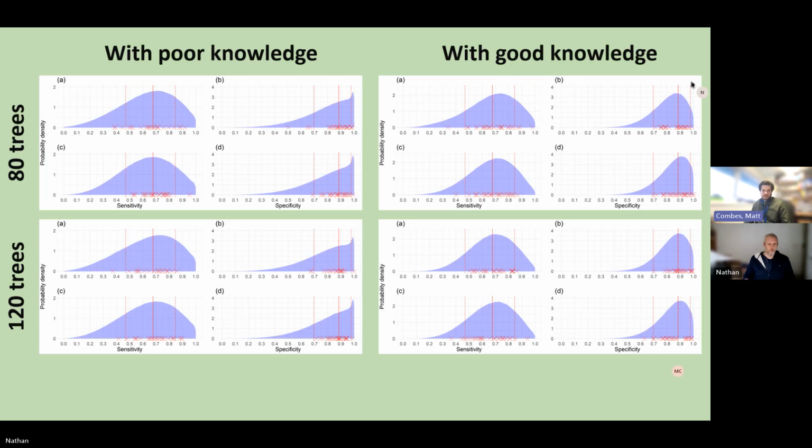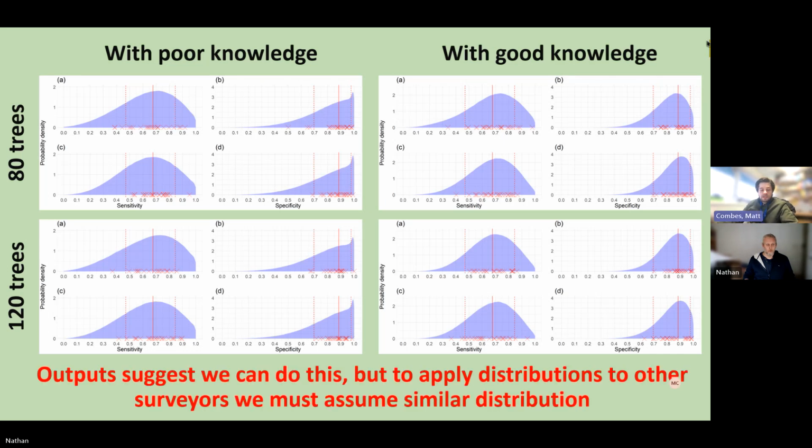The bottom line to take away is, like I said, you just need an idea of where a high prevalence site and a low prevalence site are to drive the quantification of the sensitivity and specificity parameters and understand these distributions.